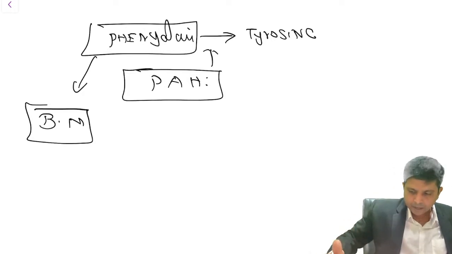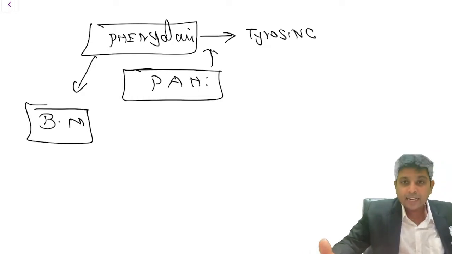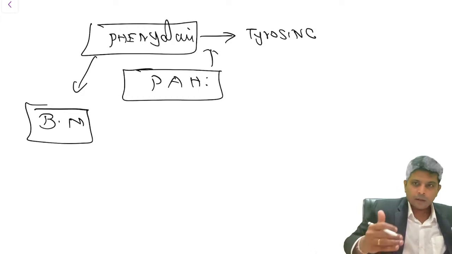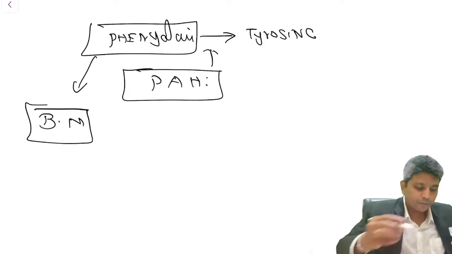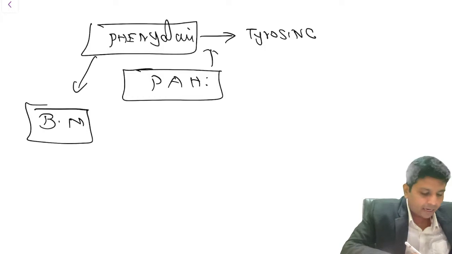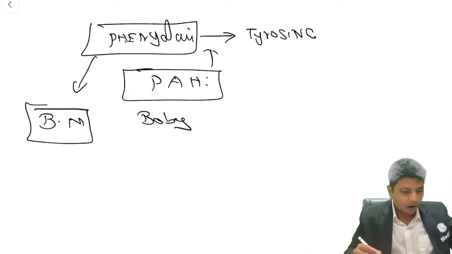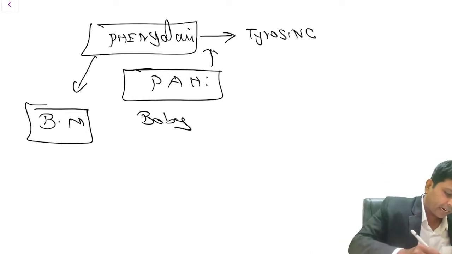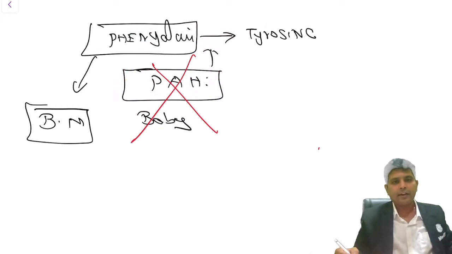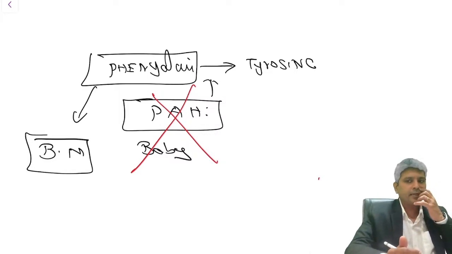As soon as the baby is fed on exclusive breastfeeding, the breast milk that contains this phenylalanine should be converted to tyrosine by phenylalanine hydroxylase in the baby. If the baby is devoid of this phenylalanine hydroxylase, what will happen? This phenylalanine cannot be converted into tyrosine.